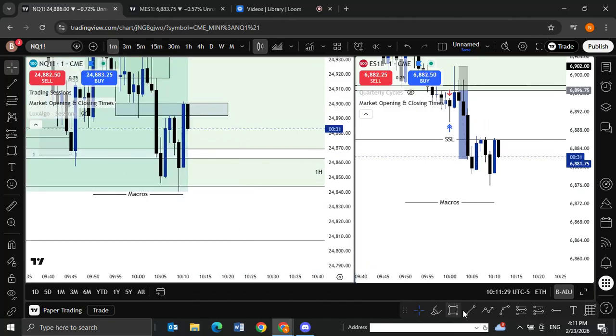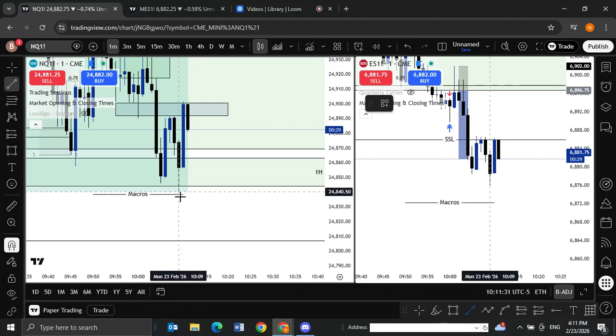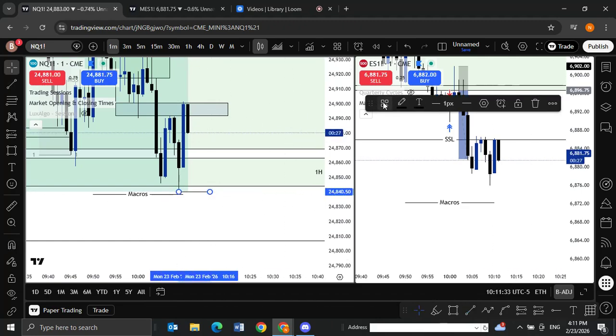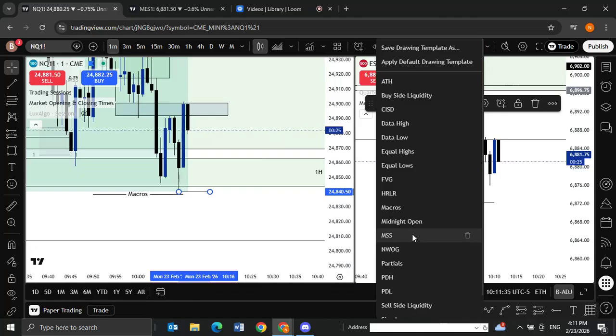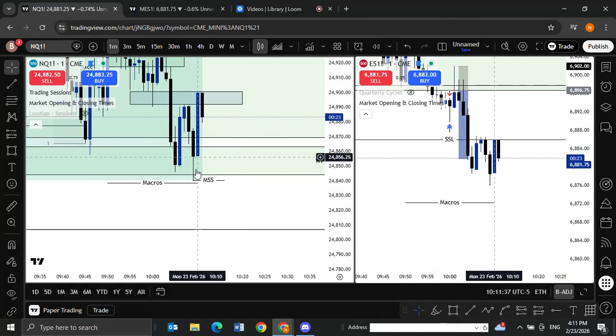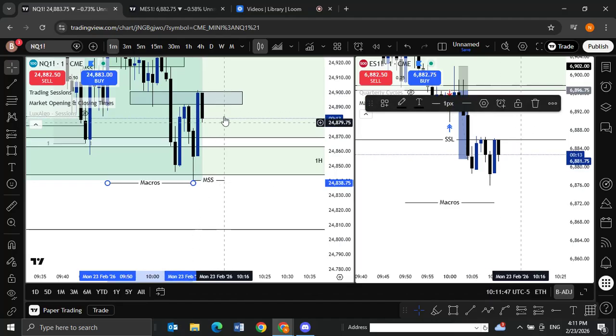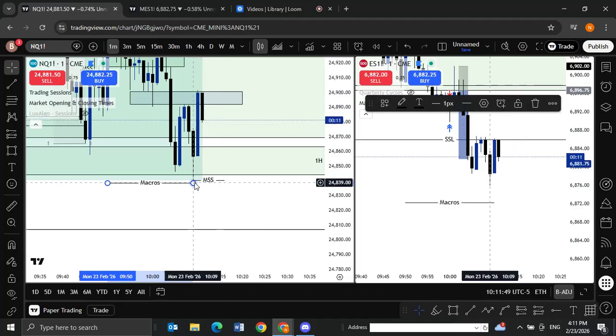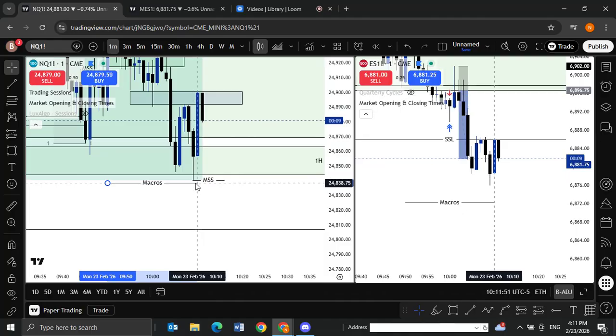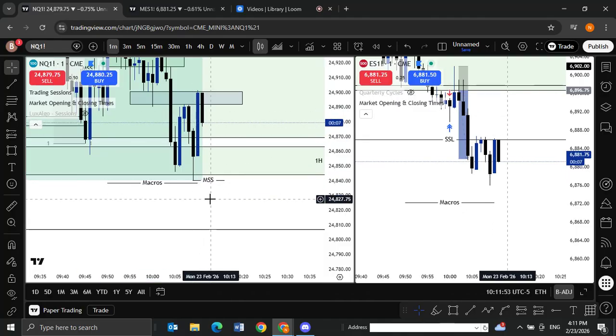and if we have this market structure shift at the same time, failing the macros, we need to see the macros failure. So in this case I want to see price go a bit even lower than the MSS.